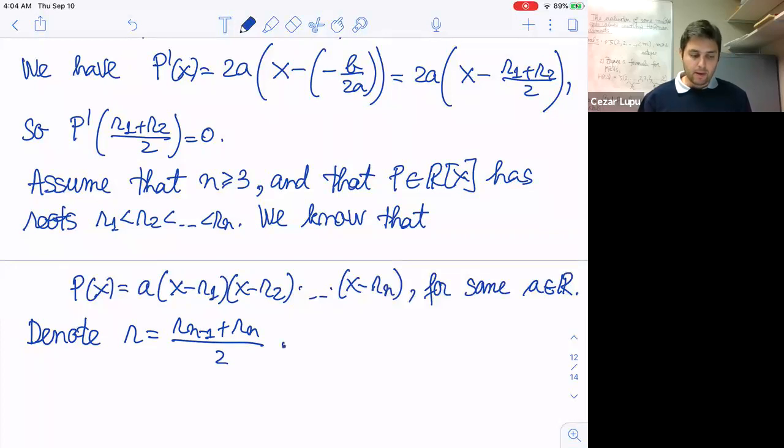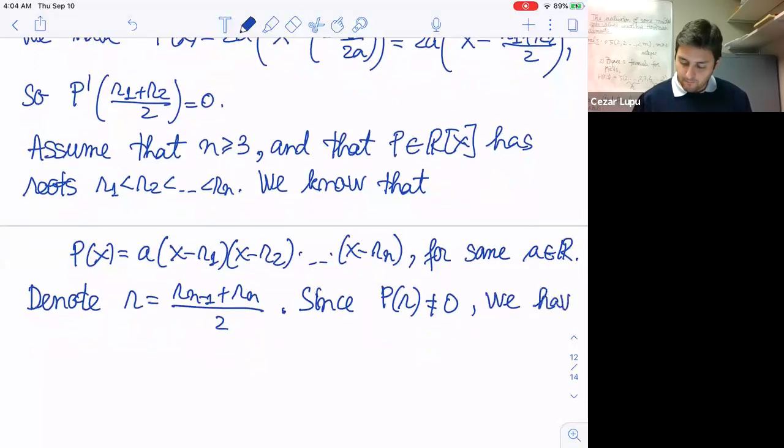We know that P of r is not 0. Now we can divide by it. We will use the following formula.